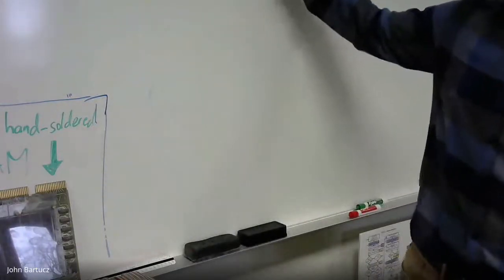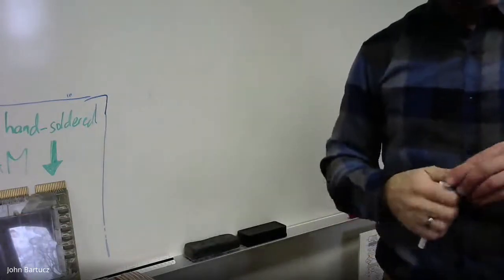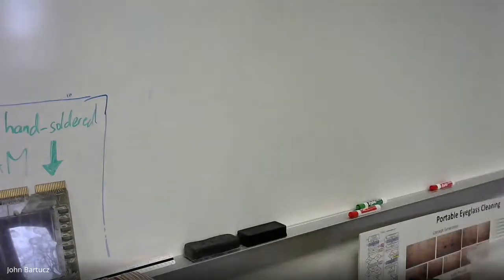But here's the question, right? Which is faster, a marker that doesn't work or a marker that does work?